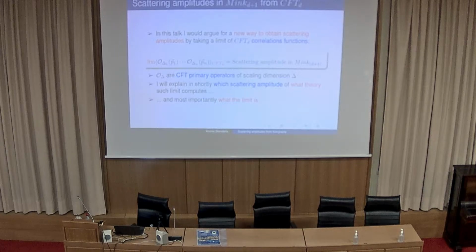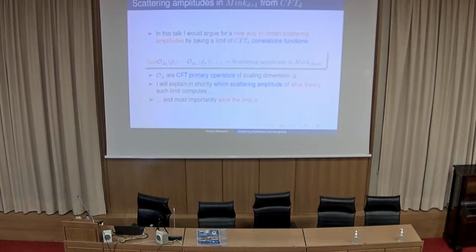And then all of this talk is about explaining this bottom part of this slide. So what I will argue is you can take a limit of correlation function of a conformal field theory, and I will explain all of these things as we move on, where the entries are primary operators and the deltas are scaling dimensions.